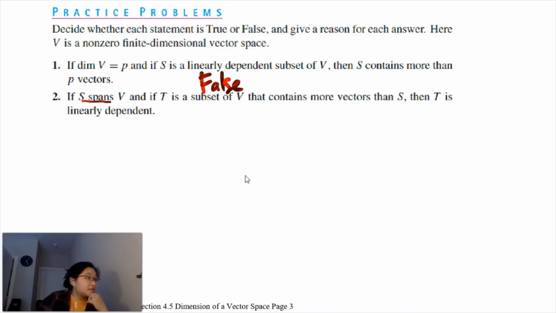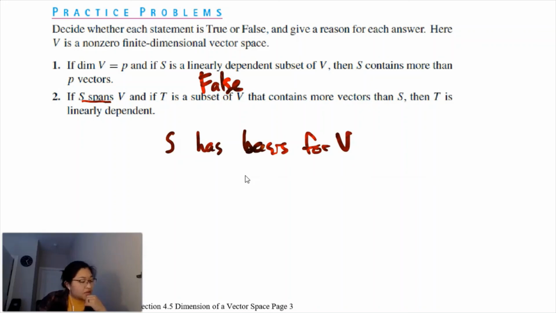If S spans V, then S has a basis for V. So if T has more vectors than S's basis, then T is going to be linearly dependent because of Theorem 9 that we had at the very beginning. So this is going to be true.